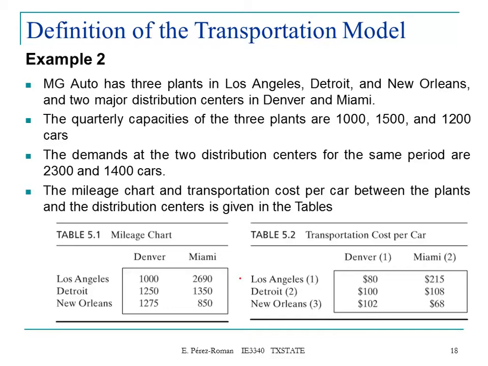Here I have 2 pieces of information. This sample is coming from your textbook. So the mileage chart and the transportation cost per car between the plants and distribution centers are here. Here you see the mileage to go from Los Angeles to Denver, and again from Detroit to Denver, New Orleans to Denver, and from Los Angeles to Miami, and so on. And what we do usually is we put a cost to the distance.